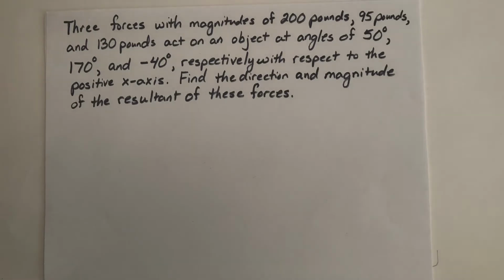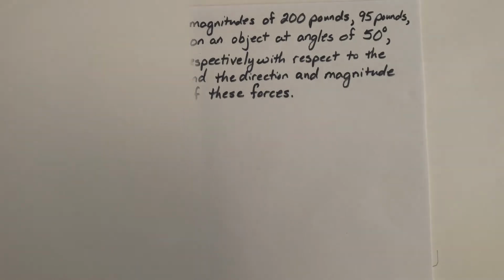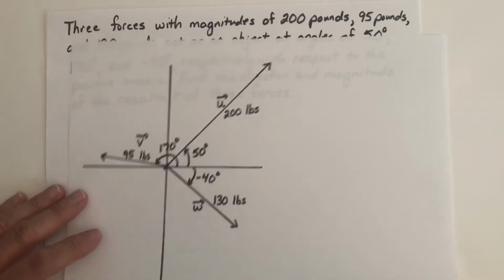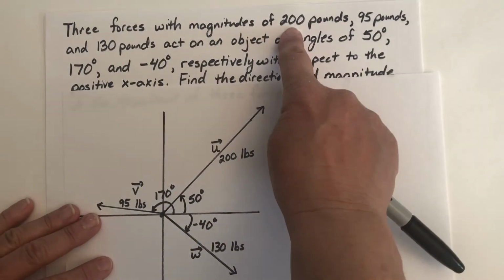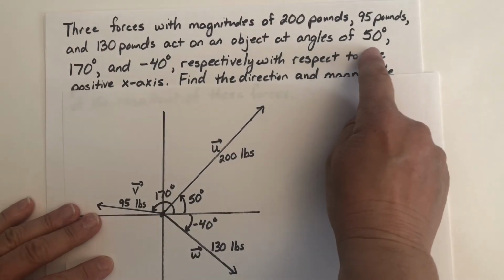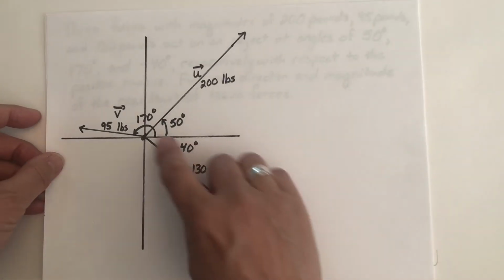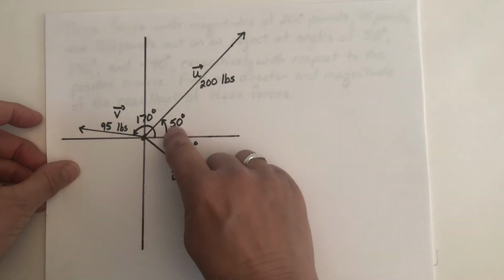So I've drawn the picture of these forces. So here's my picture so that we can talk about it. The first one, notice, was 200 pounds at an angle of 50 degrees. So here we are, 200 pounds at an angle of 50 degrees.